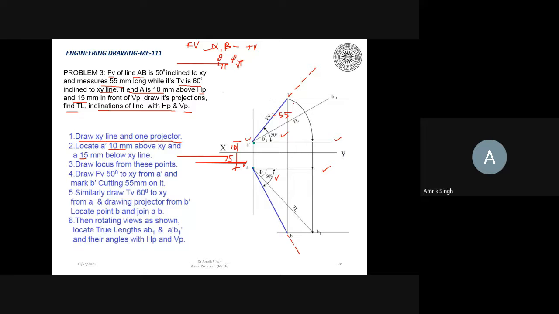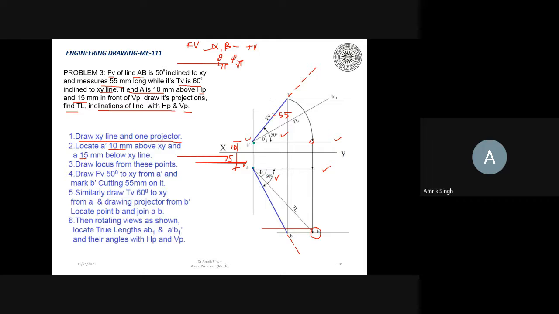So this 55 is there. From here you have drawn this. So it has cut here. This point is known. From here you draw the perpendicular. Okay. So when you draw the perpendicular, so at this 60 degree, this point will be known to you. This point. Okay. So this true length, we will come to know the true length. Okay.